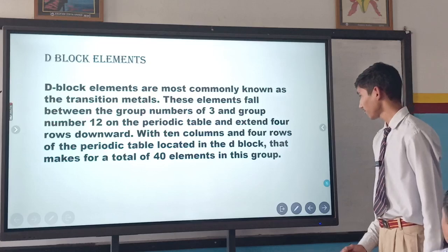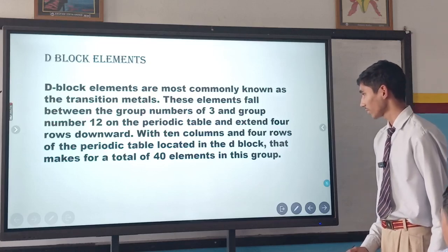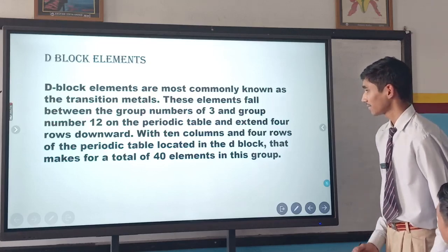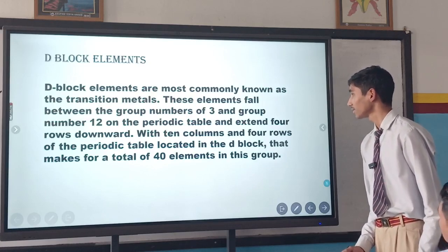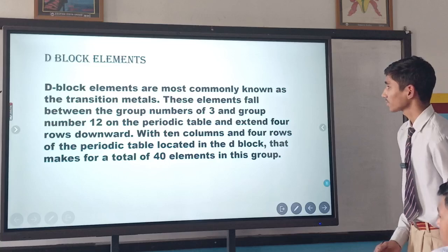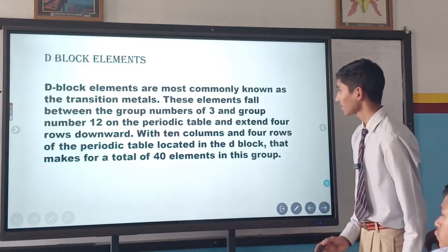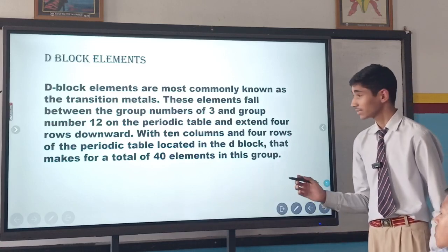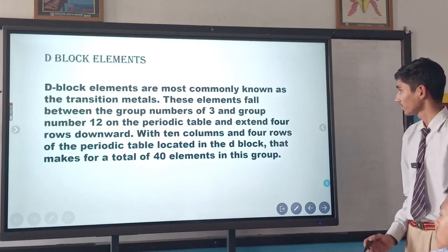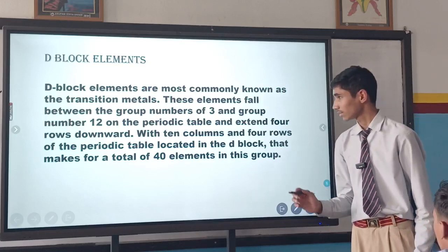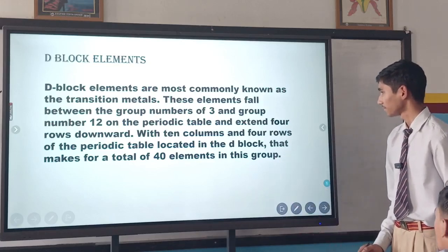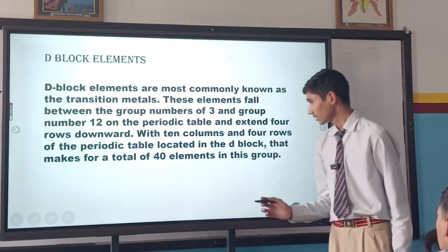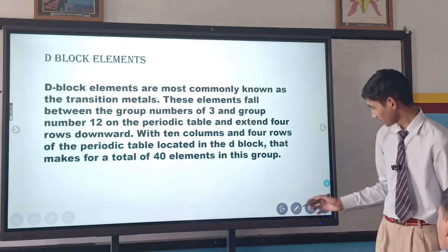With 10 columns and 4 rows of the periodic table located in the D block, that makes for a total of 40 elements in this group. So D block elements are also known as transition metals. These elements fall under groups 3 to 12 on the periodic table.